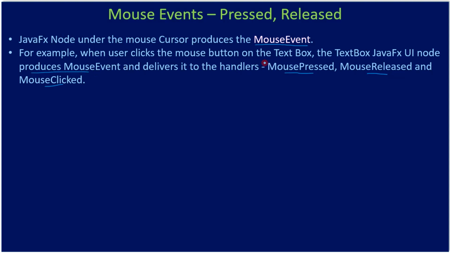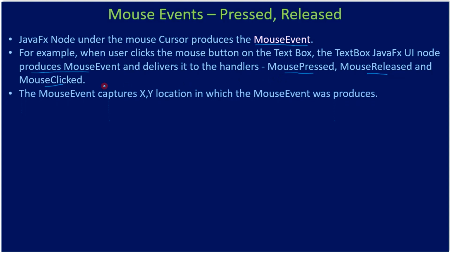The handler routines are based on the action, say mouse pressed, mouse released, and the combination of press and release is clicked. All these handlers will receive the mouse event. Inside the handler, since we have the mouse event, we can get the X and Y location of the event. So the mouse event captures the X and Y location in which the mouse event was produced.